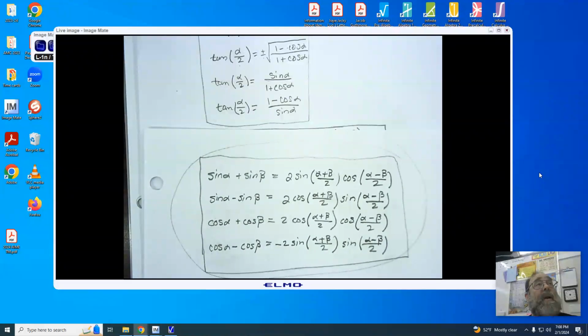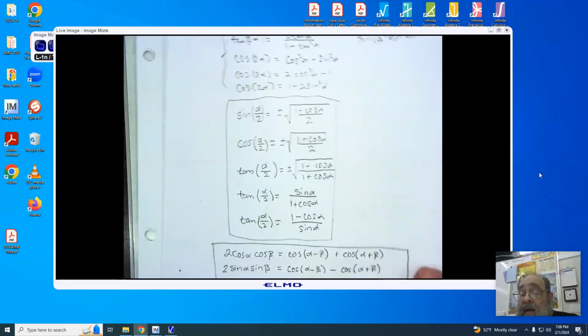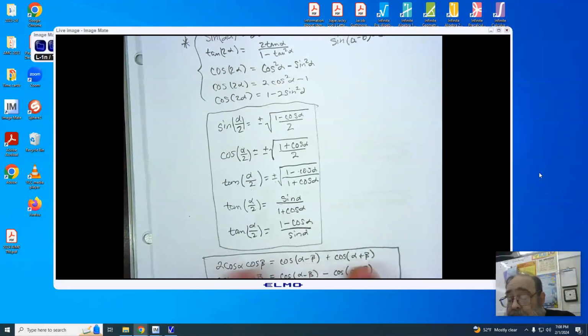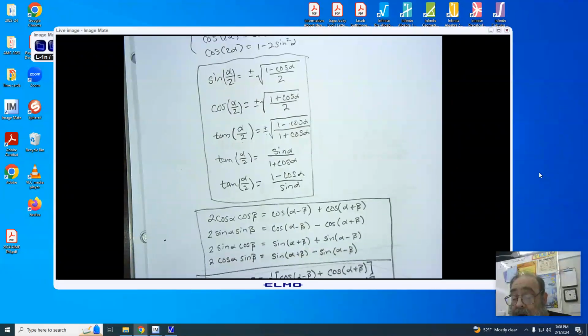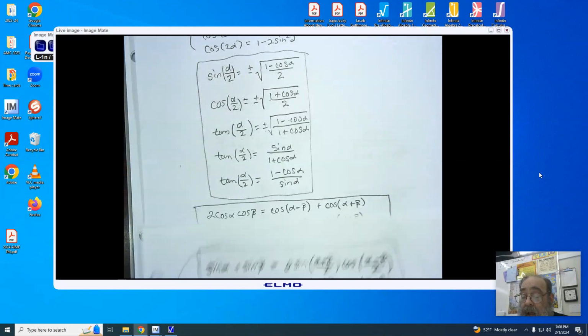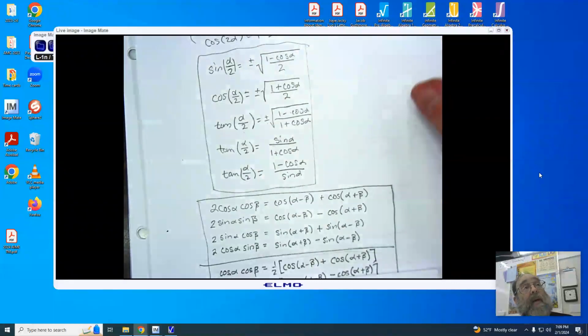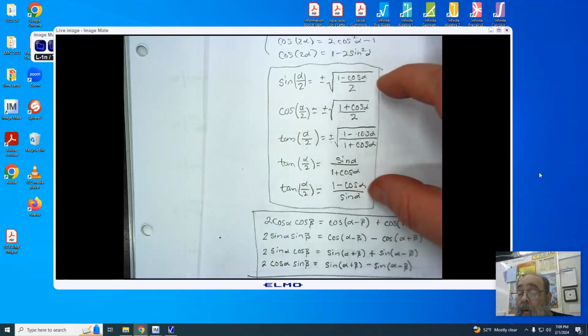Once again, you need to know how to work with these identities, as I will not be giving you the sum identities and the difference identities, and I won't be giving you the double angle identities. I will give you the half angle. I will give you the product to sum and difference in both ways. So this way and this way along with that. Okay? So just a reminder, you do not have to worry about memorizing these or these down here.